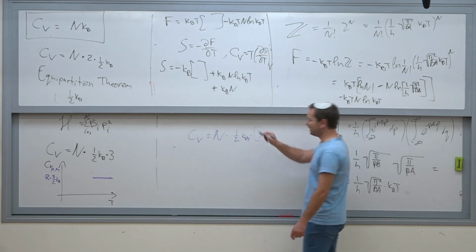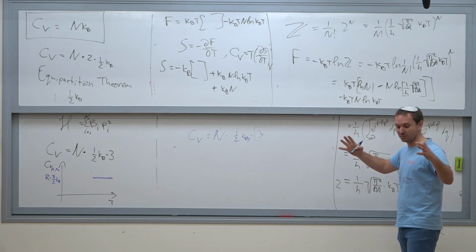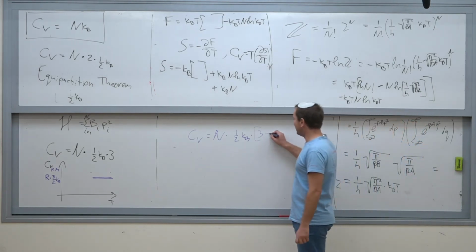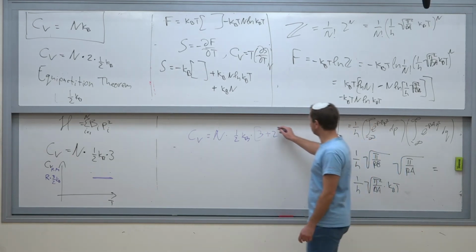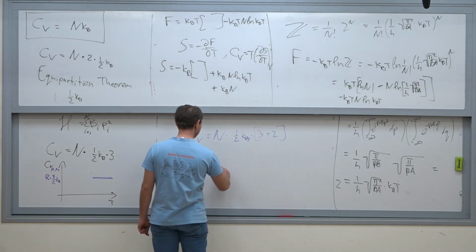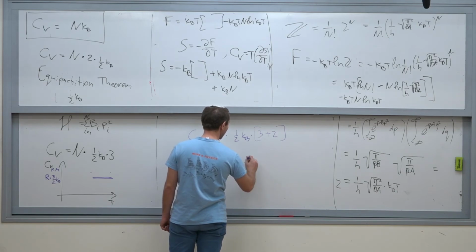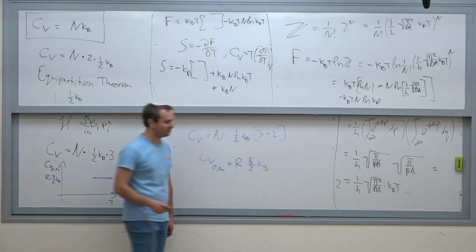So we have 3 translational degrees of freedom moving in x, y, and z. It's again particles in a box. They don't have any potential energy. Plus 2 rotational degrees of freedom. Great, so what we obtain is that C_V per mole equals R multiplied by 5/2.